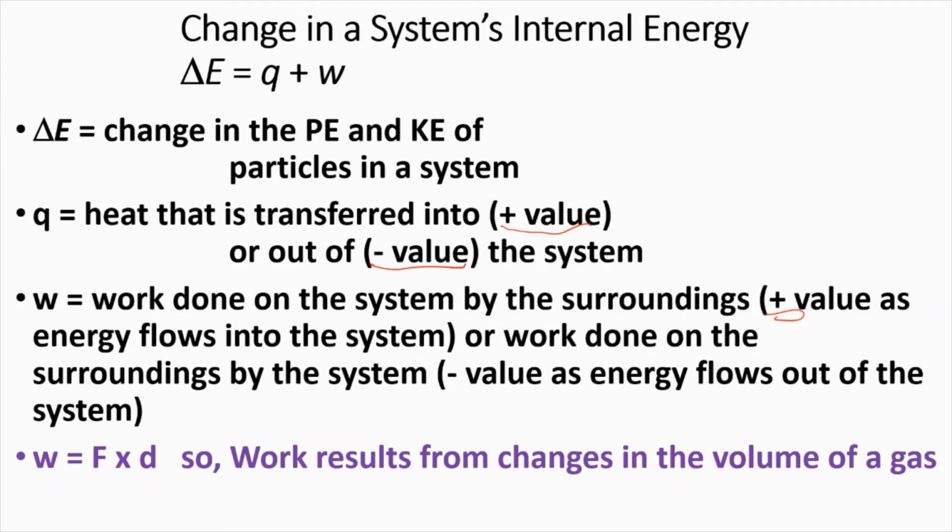If my work is a negative value, in this case, energy is flowing into the surroundings from the system. So the surroundings are getting energy from the reaction. So the system itself is doing work on the surroundings, and our work would be a negative value.